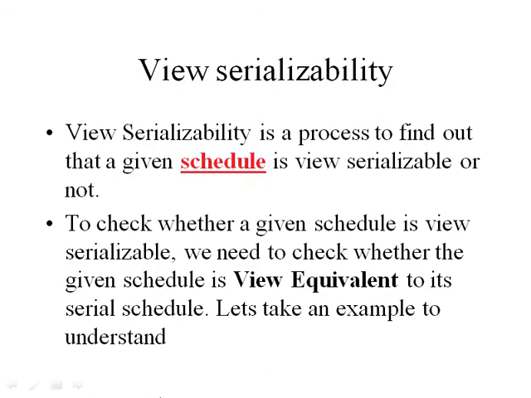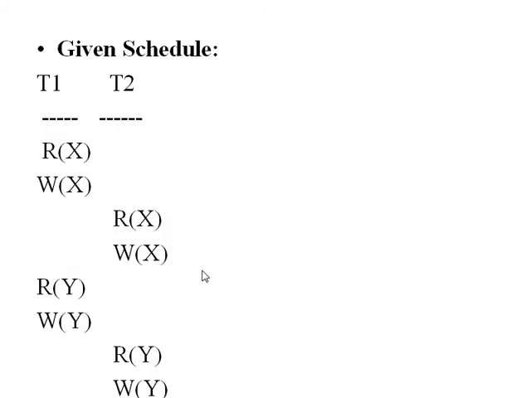Then we need to know what view equivalent is. If any schedule is view equivalent to its serial schedule, then that is called view serializability. Now let us understand view equivalent with an example.